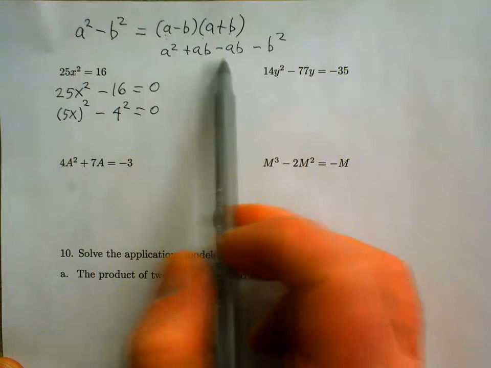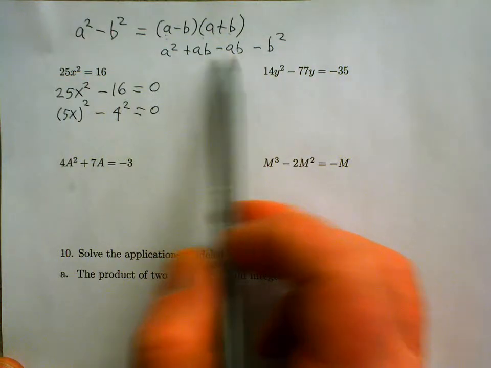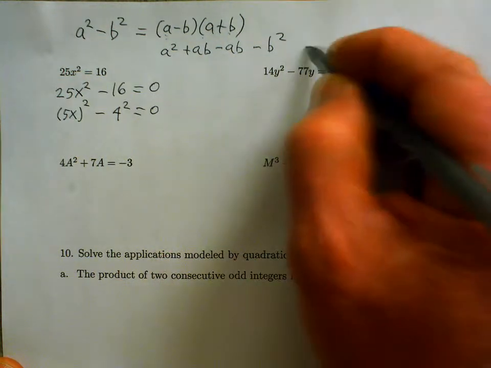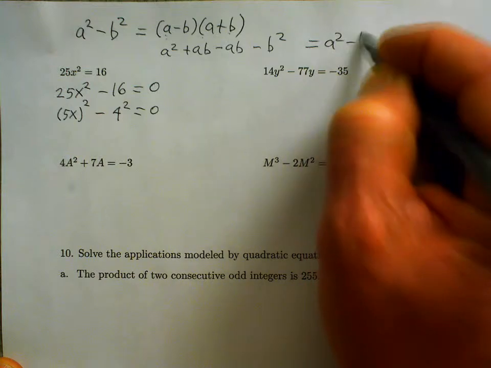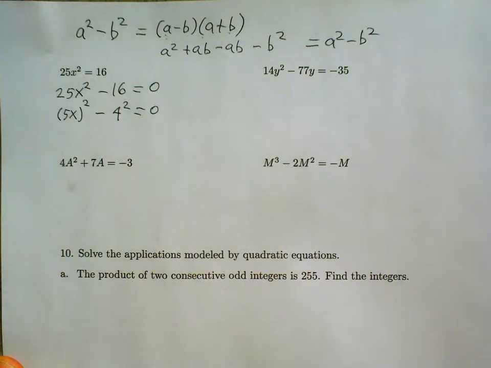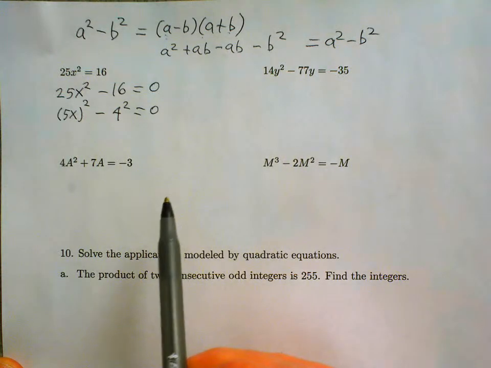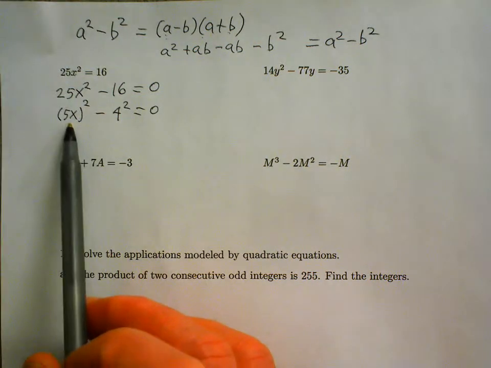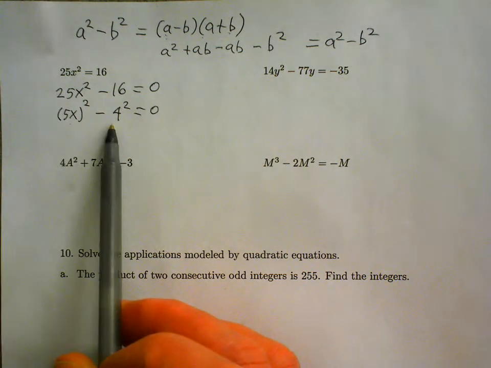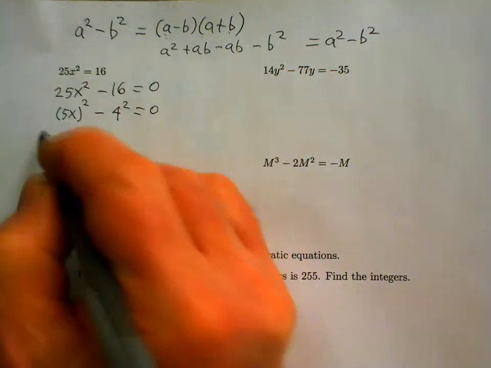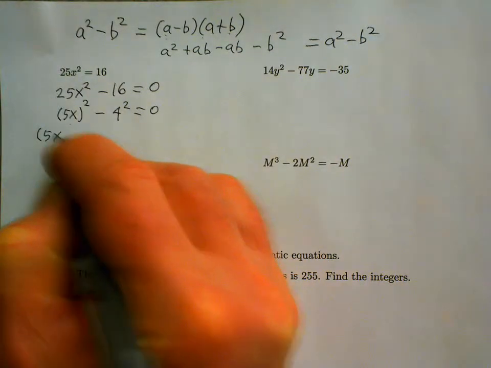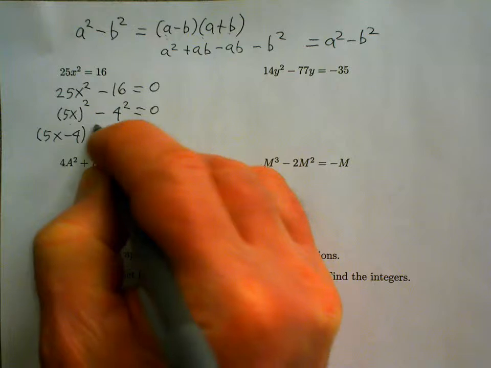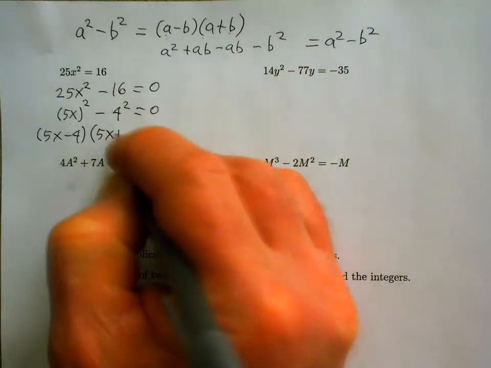And when you combine like terms, the two middle terms add up to 0, so you're just left with a squared minus b squared. I'm not sure if I answered your question online, but anyway, this is a difference of two squares. One of the factors is 5x minus 4. The other factor is 5x plus 4.